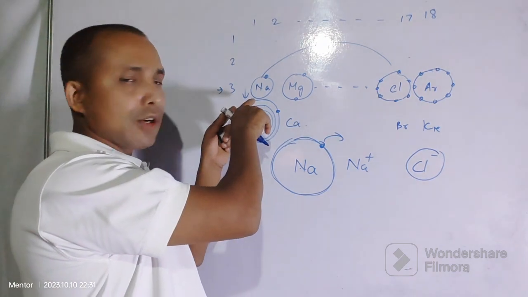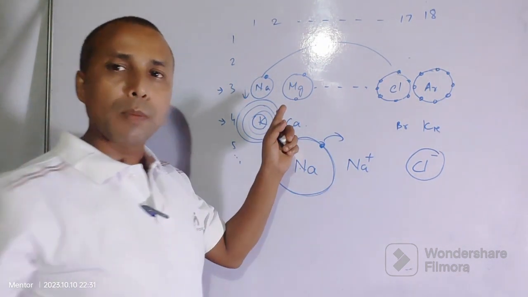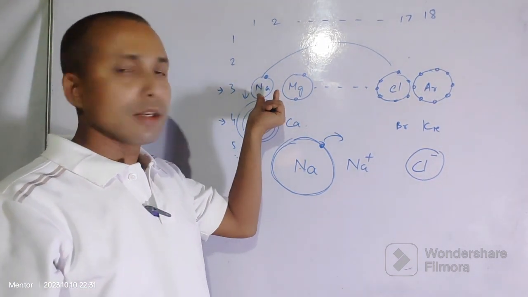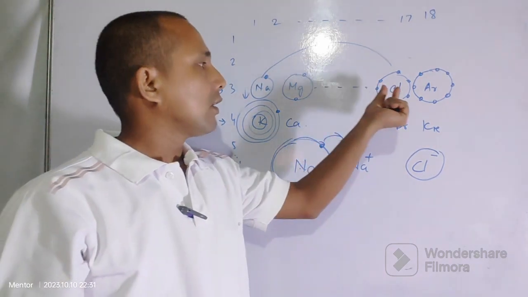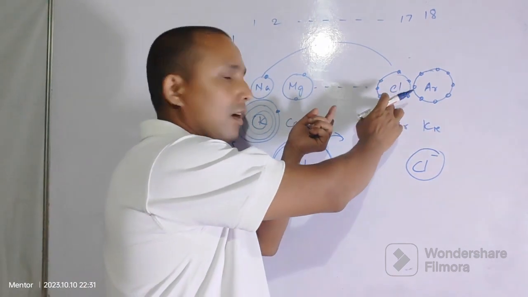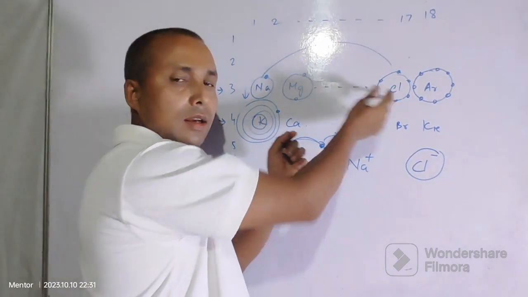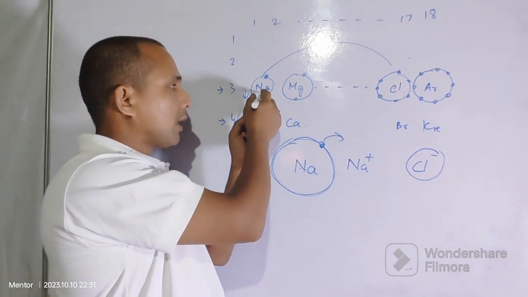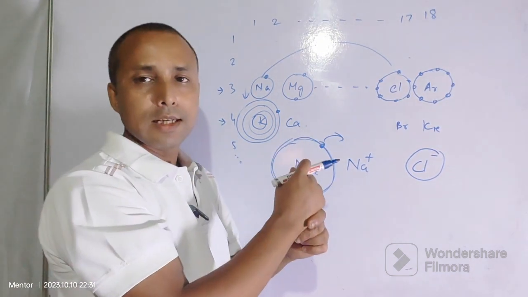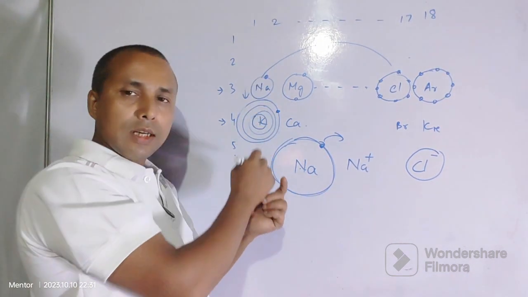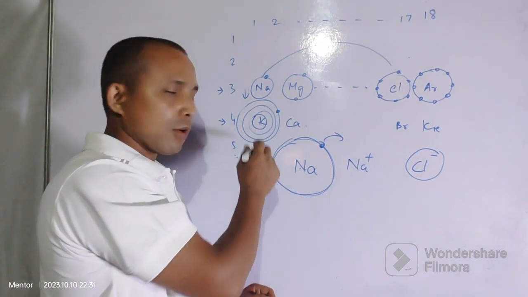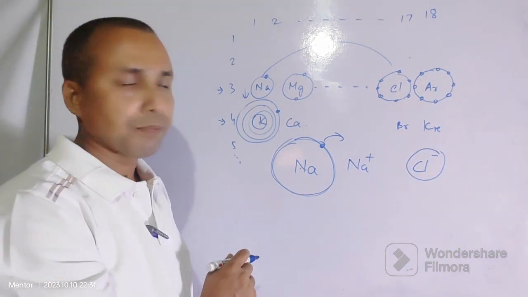And in the periods, from left to right, metallic property will decrease, non-metallic property will increase, and atomic size will decrease towards the right side. When it goes from left to right, atomic size will decrease, and from top to bottom the atomic size always increases.